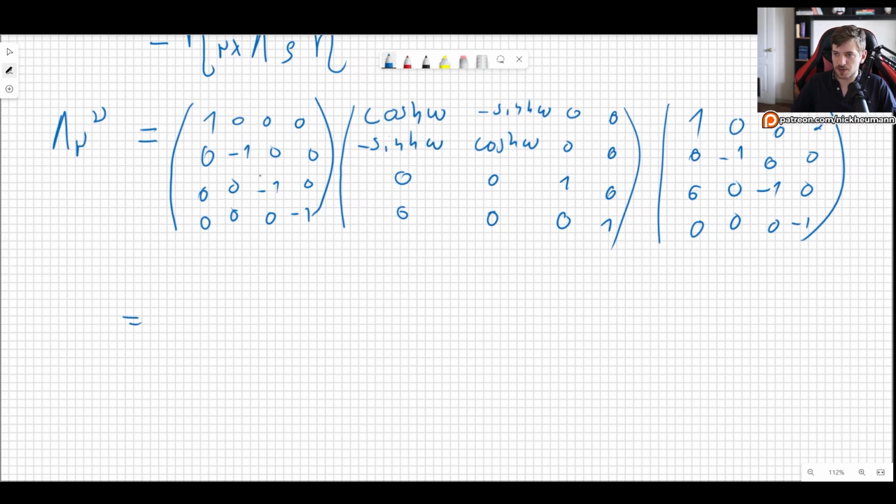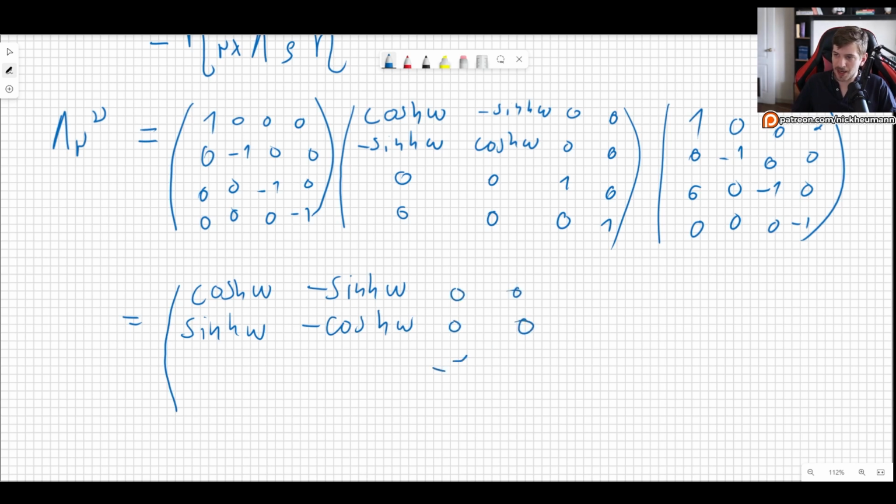We of course begin with these two matrices. Here we have 1 times the hyperbolic cosine, so we get cosh omega, and 0 times everything else. Then on the second row, we have the same thing. You simply multiply by 1. But in this element, which is the product of this times this, we get 0 times cosine minus 1 times minus sine, so we get positive sinh. And in this element, we get 0 times minus sine, minus 1 times cosine, so minus cosh, 0, 0, 0, 0.